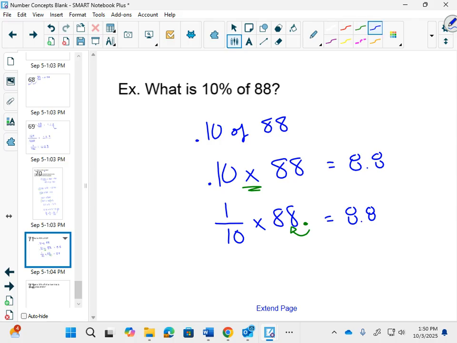If you do it in your calculator, you're going to get 8.8. If you wanted to do it with multiplication, if I multiply this, I get 88 over 10. Where's my tenth spot? It's 1 decimal place. So that's where the decimal goes, and I have to have the other 8 on the other side.